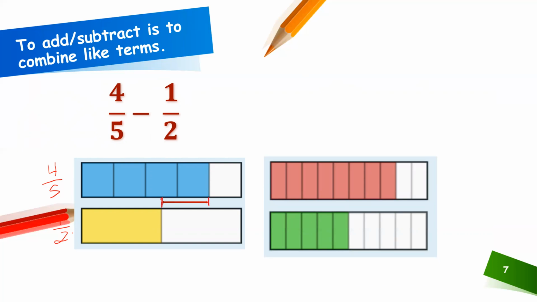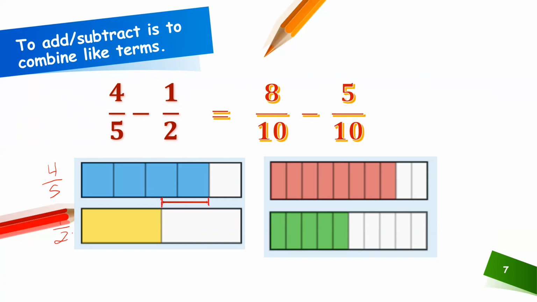Each blue has 2 smaller red parts, and then I would see that my one unit has 10 equal parts. So now my noun would be 10th, right? And that is seeing 4/5 as 8/10 and seeing 1/2 as 5/10.